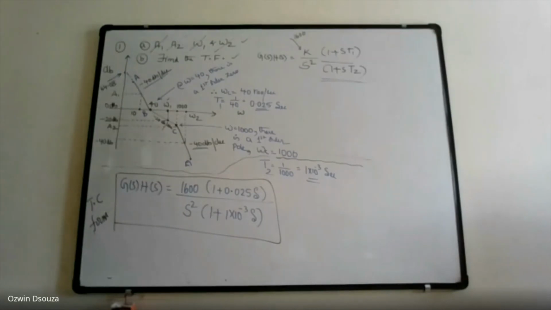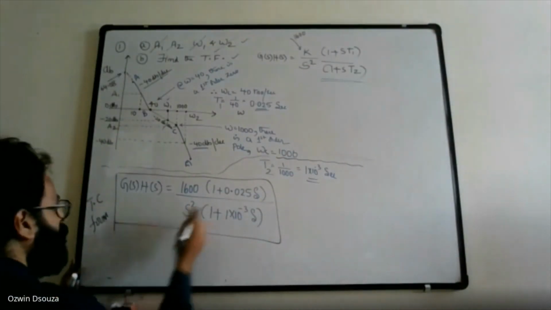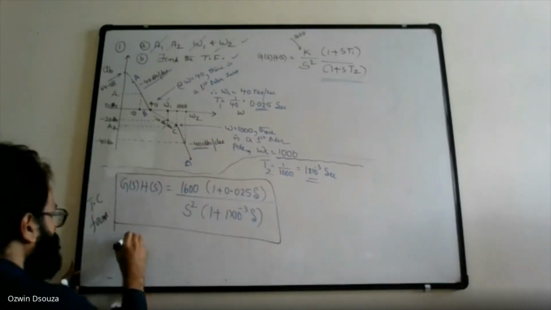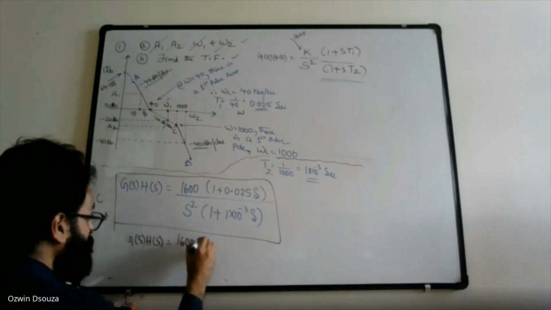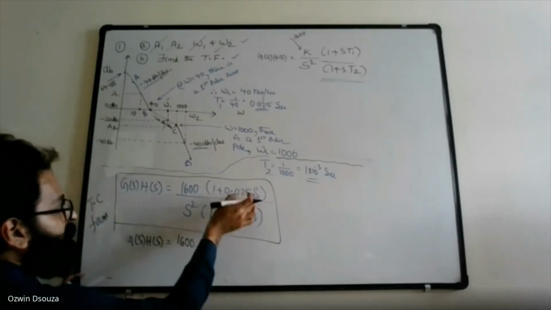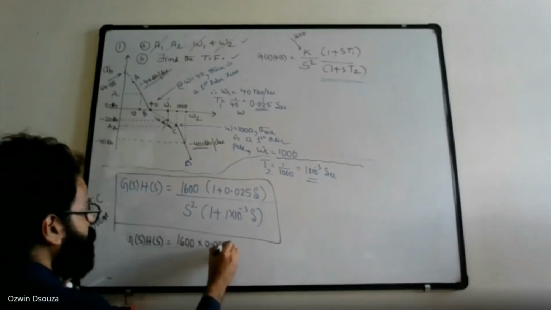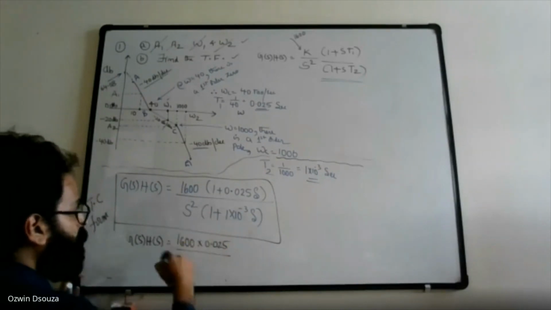Now, if you want to keep the transfer function in factored form, what you can do is take the time constants outside the bracket. So G(s)H(s) is equal to 1600. Let me take 0.025 outside the bracket, so I get 0.025 in the numerator. And in the denominator, let me take out 1 milli outside.